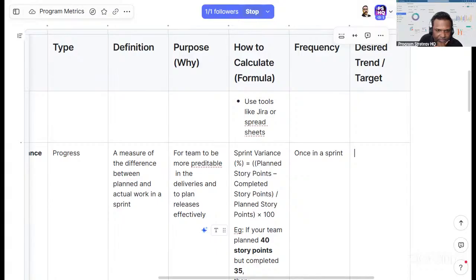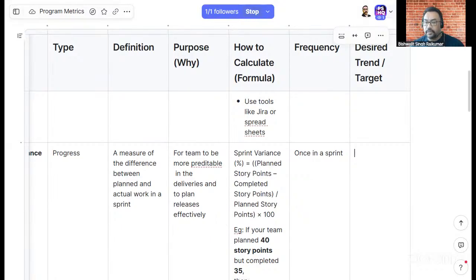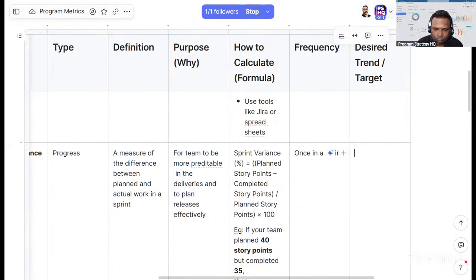I got a few links which say not more than 20. The lesser the better. Even in the sprint details that we capture, it is lesser the better. So I'll put 20%, and lesser the better.